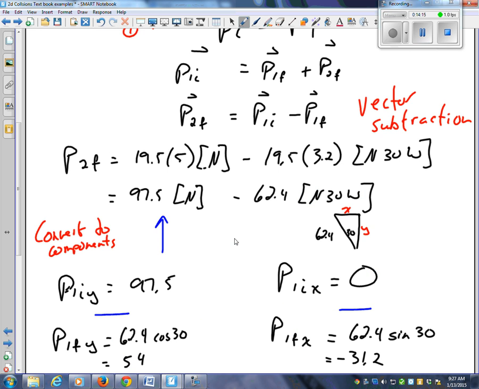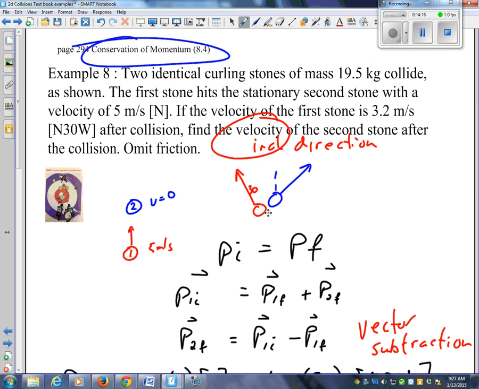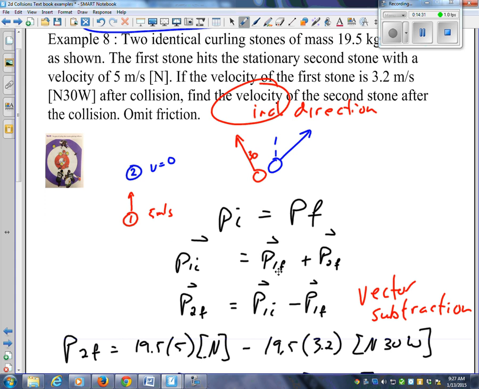Okay. So, I drew my picture. I said Pi is equal to Pf. And then I figured out what I had. Well, I only had rock 1 moving to begin with, right? So P1I is equal to the momentums of rock 1 and rock 2 after.